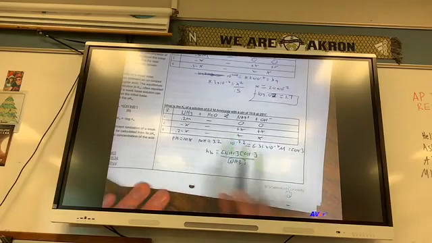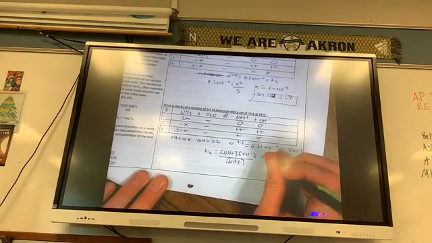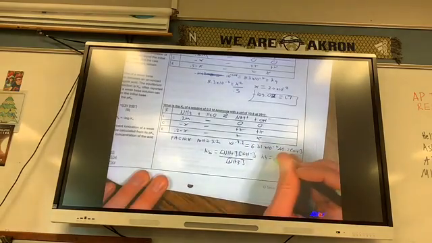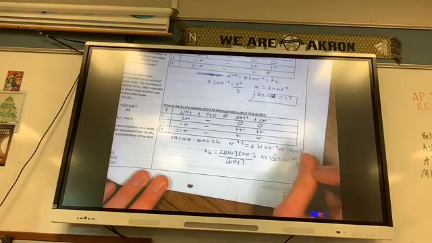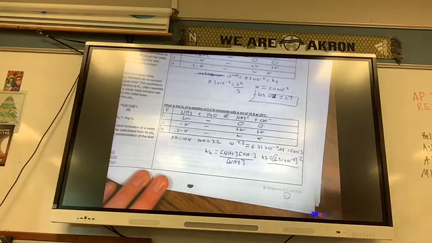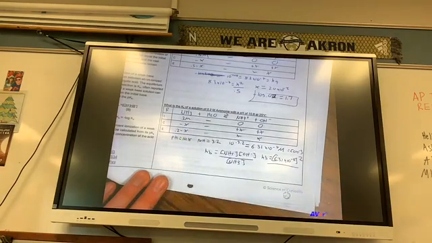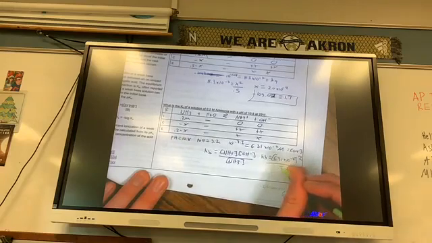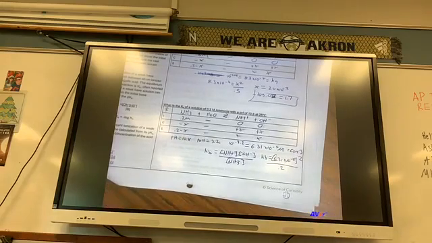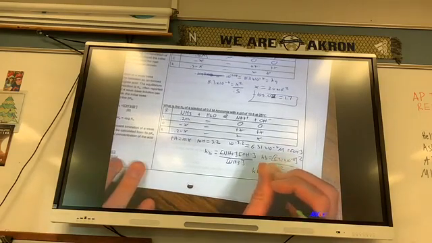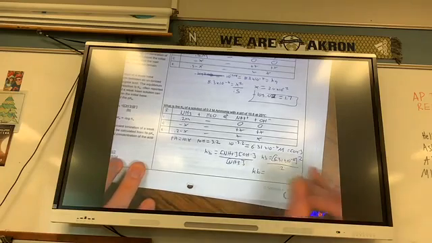So that means Kb equals 6.31 times 10 to the negative 4th, that number squared, over 0.2 minus a really small number. Do I even need to put that in there? No. Over 0.2. So Kb, I got 2 times 10 to the negative 6.